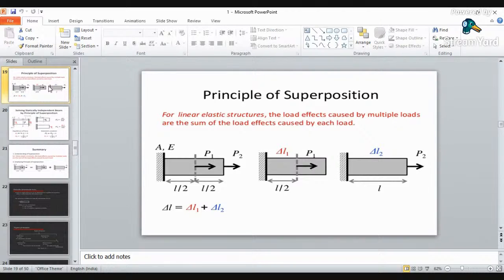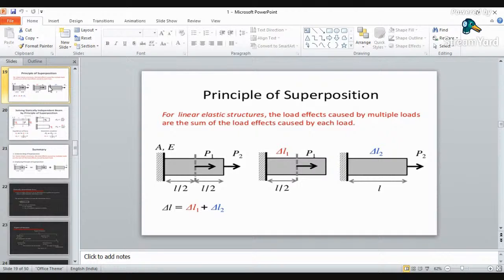That is, we can cut it down into a number of pieces or elements, and solve each element individually using its individual load, getting individual stresses, forces, change in length, everything. Once we get the different values for each section, we can sum up all the values to get the final answer for that member.